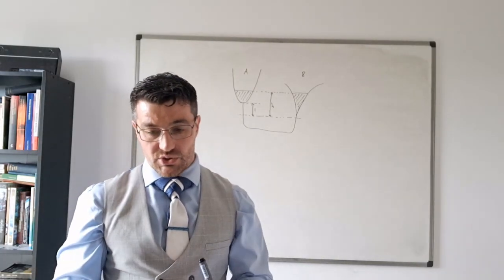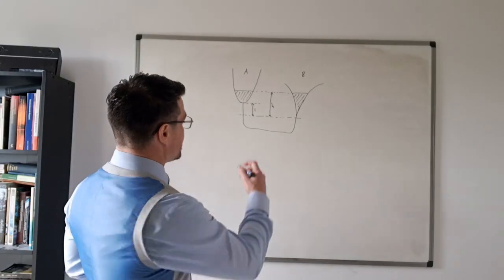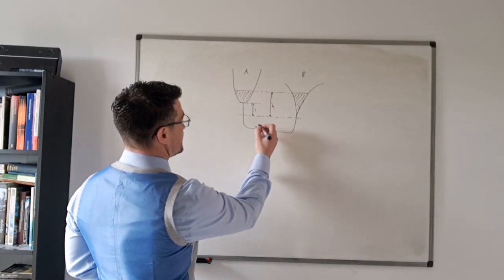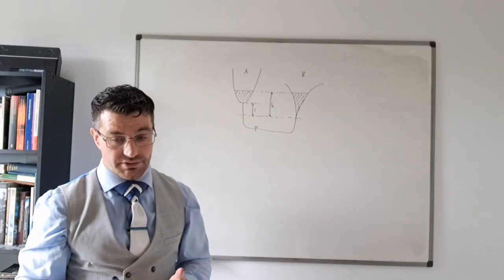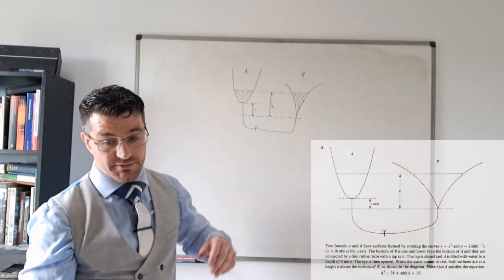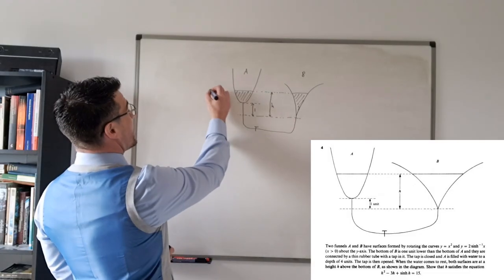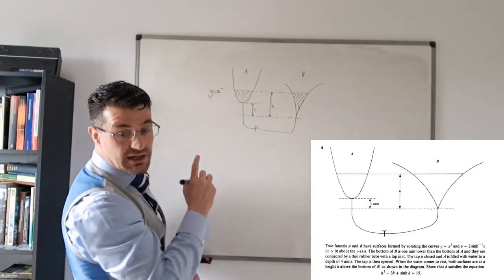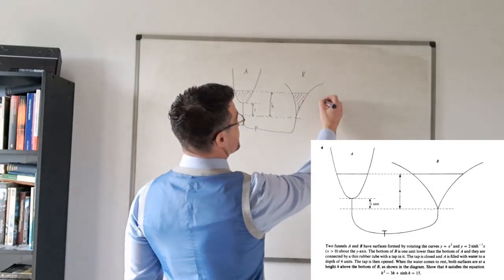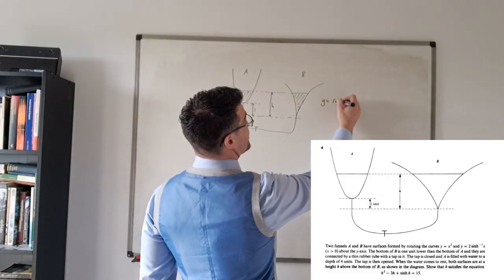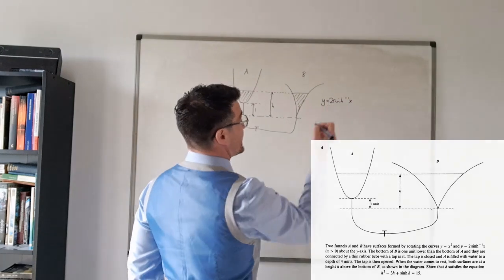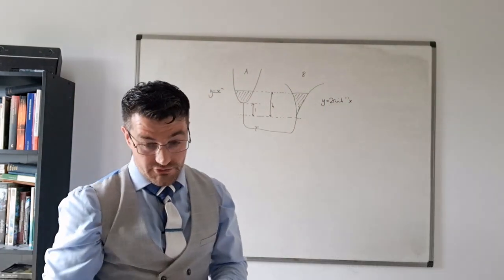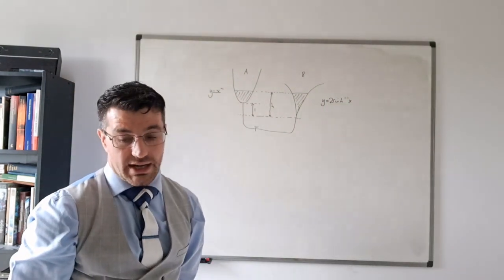Okay, so this is the diagram. I've actually missed a little bit off here. The information that we've been given is that two funnels, A and B, have surfaces formed by rotating the curves y equals x squared and y equals 2 inverse sinh of x, for x greater than 0, about the y-axis.